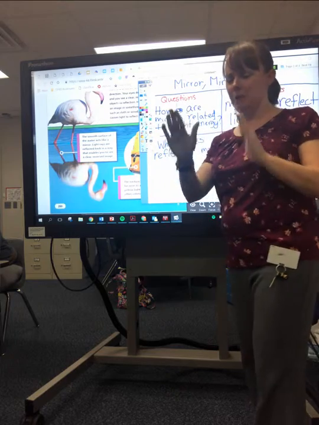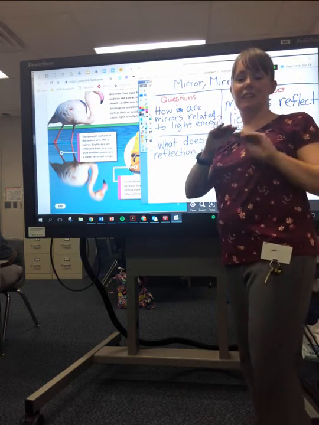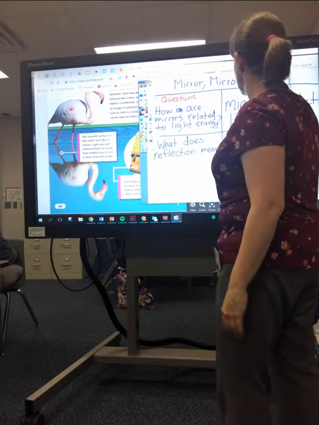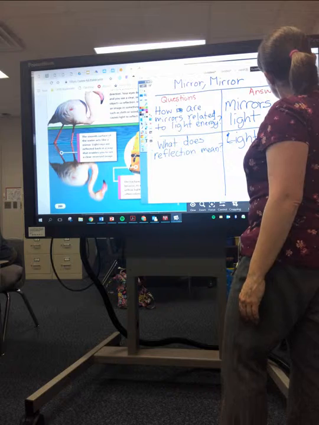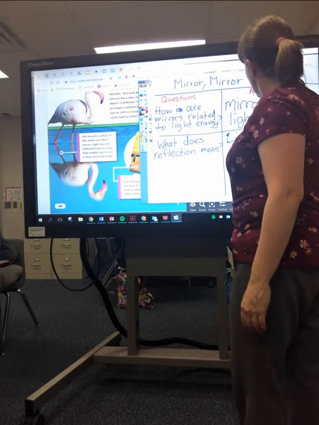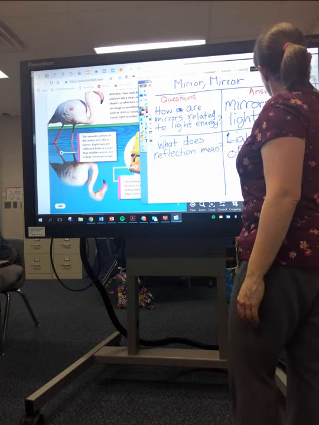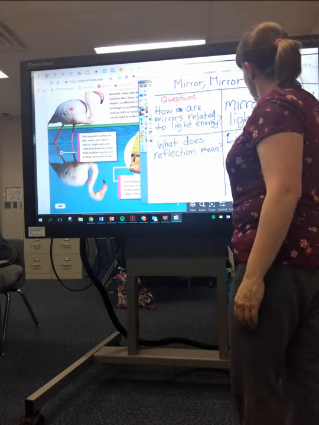It's not a bouncing ball. That's not reflection, it's light. So light bouncing off a smooth surface.